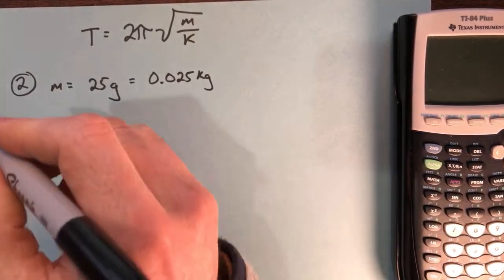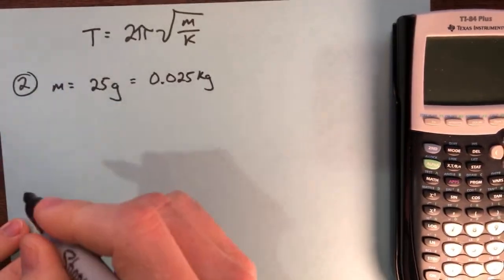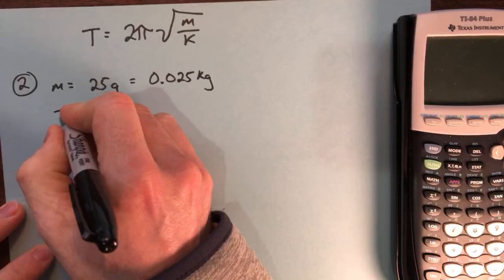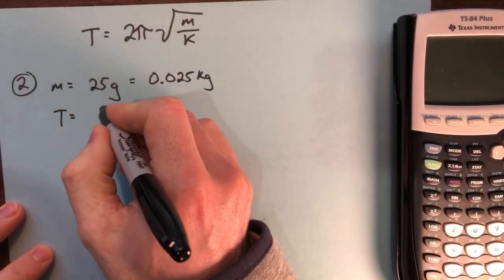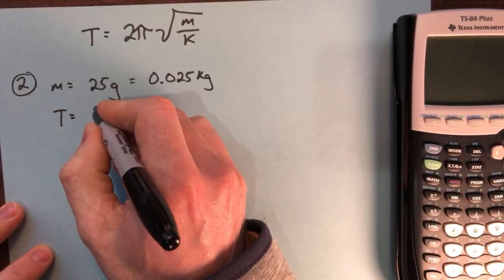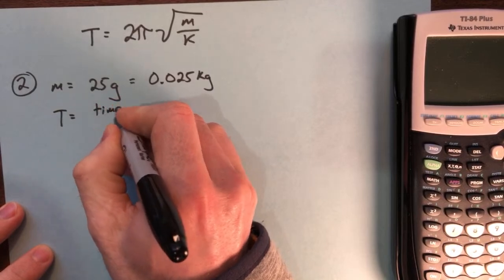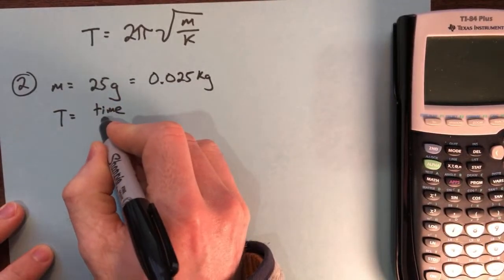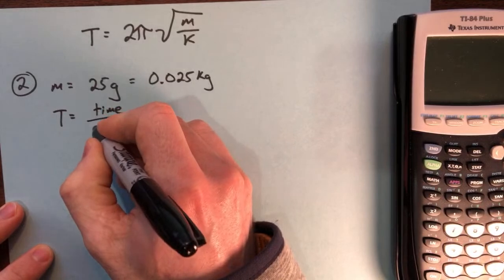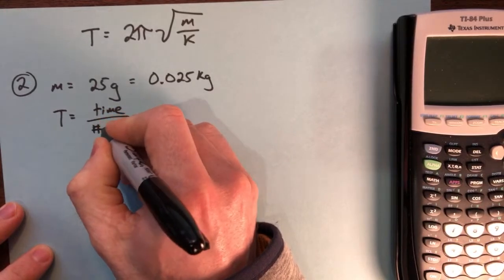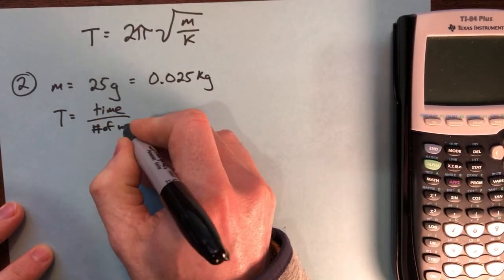And so we can calculate the period. Essentially the period is the time for one cycle, but we have multiple cycles, so it's the time divided by the number of cycles.